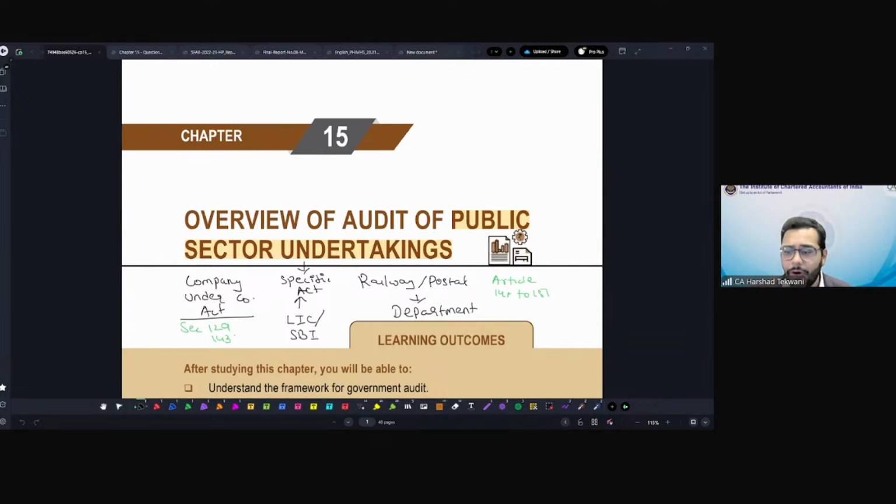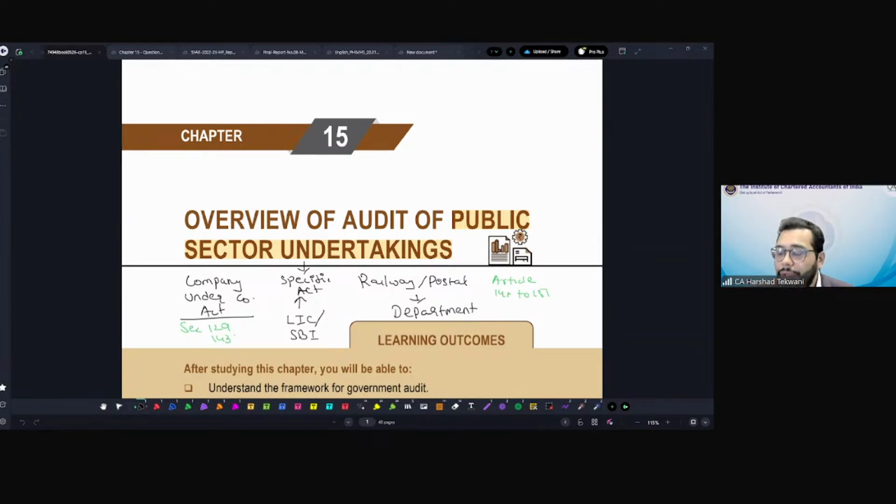But apart from that, what is the role of C&AG when it comes to the audit of the public sector undertaking, or you can say government companies and the Companies Act? So what is the role, and are we required to follow something additional when it comes to the audit of public sector undertaking, or it's a normal audit that we do? So that is something we need to understand.